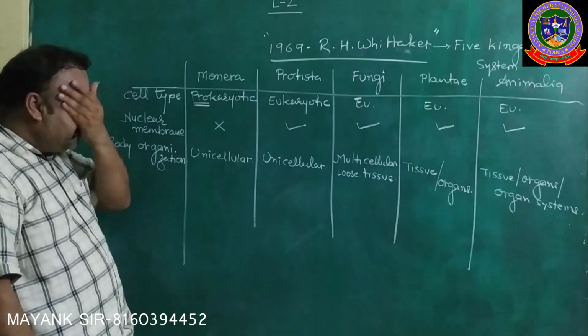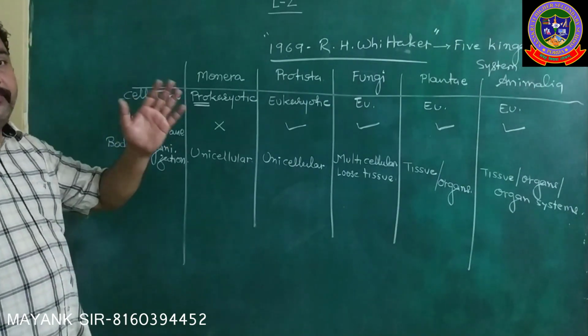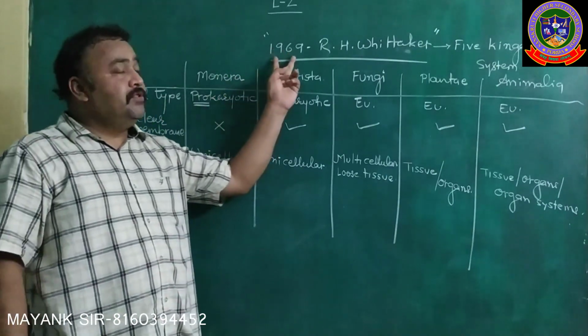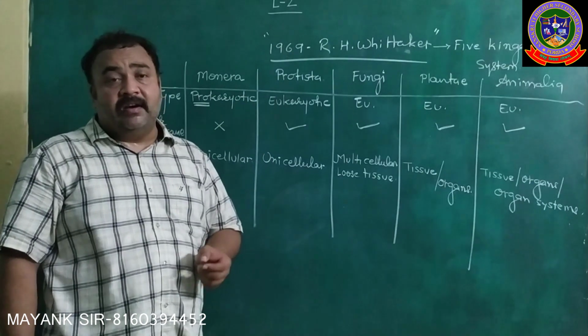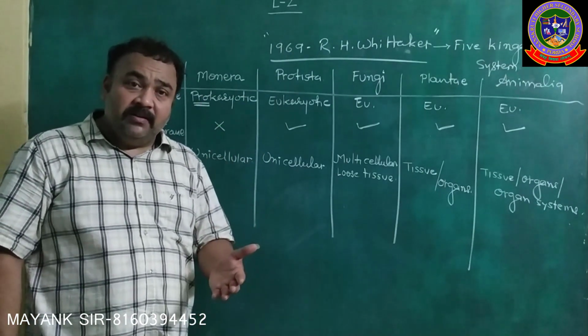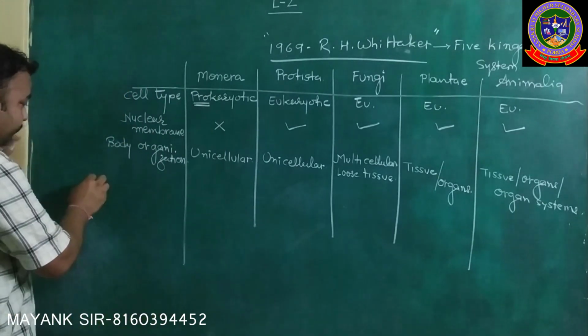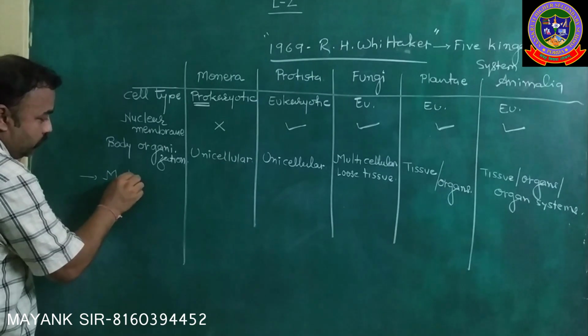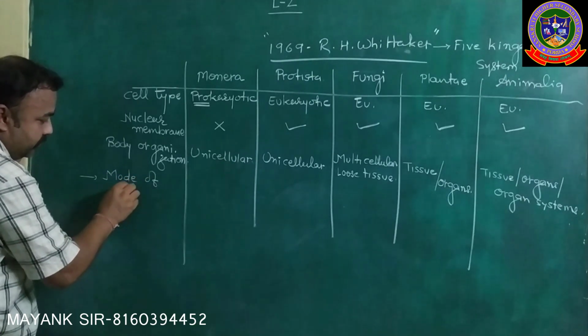The fourth character of the 5-kingdom system of classification, which was proposed by R.H. Whittaker in 1969, was mode of nutrition.